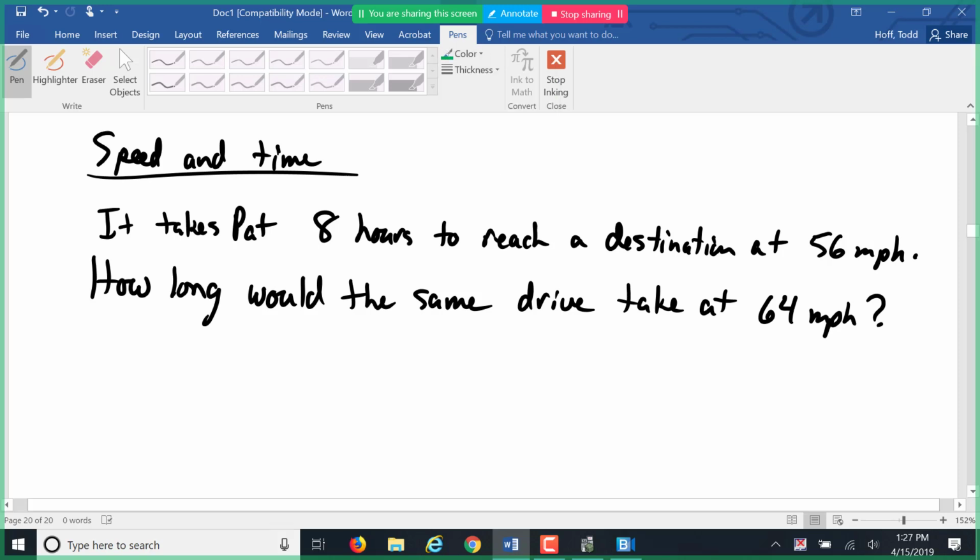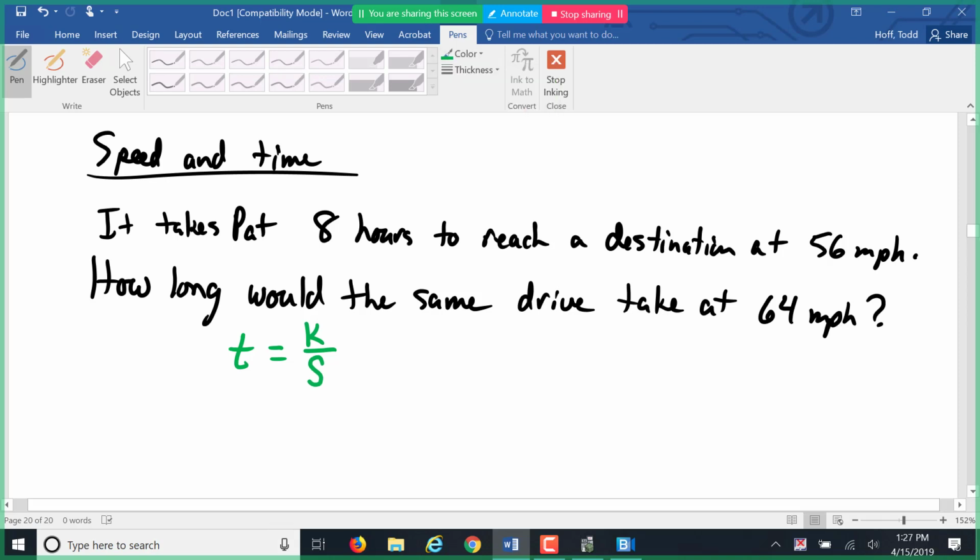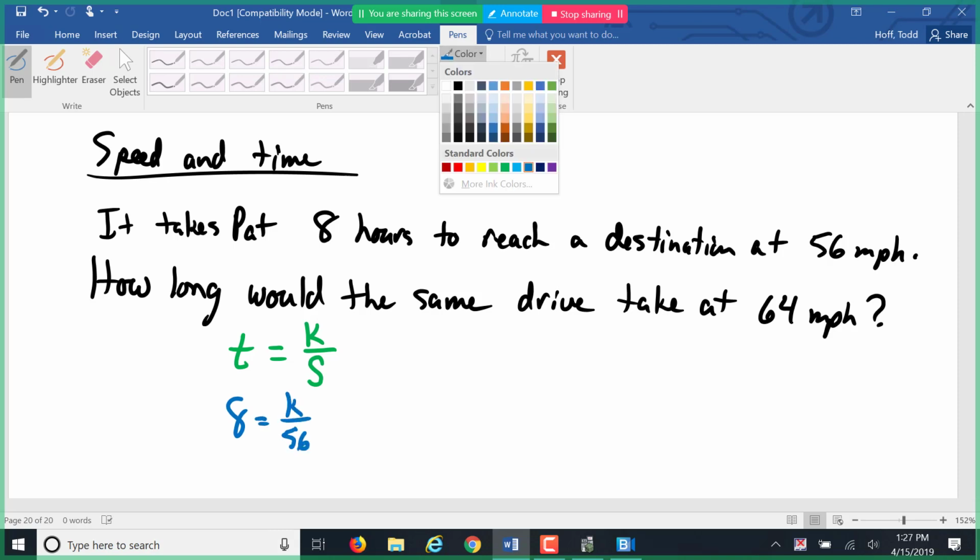So we have time and distance. Or time, and speed. It doesn't matter which one we put where. I'm going to put time equals a constant divided by the speed. In this case, the constant's actually representing the distance traveled. So then, the time is 8 hours when the speed is 56 miles per hour.